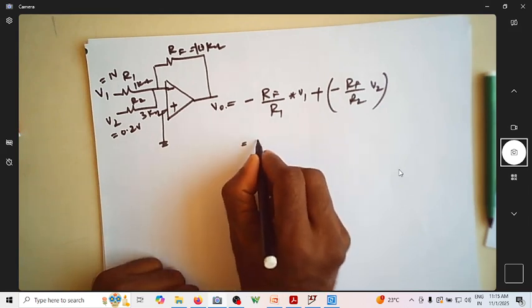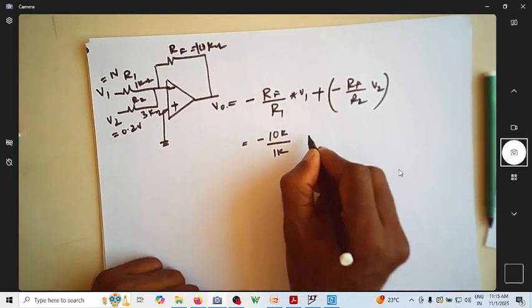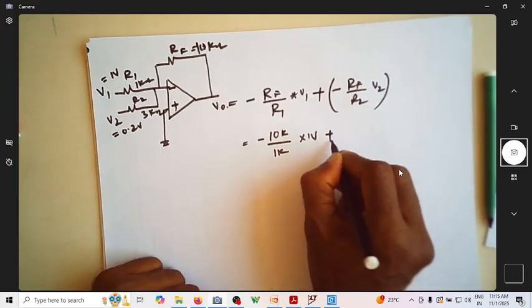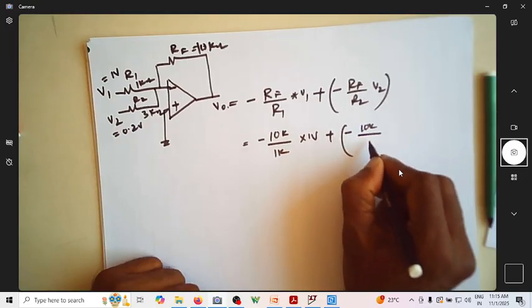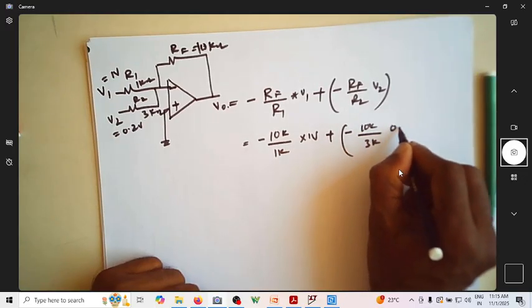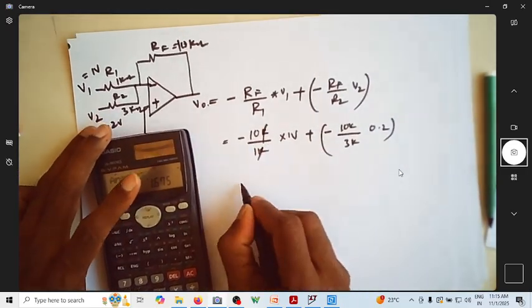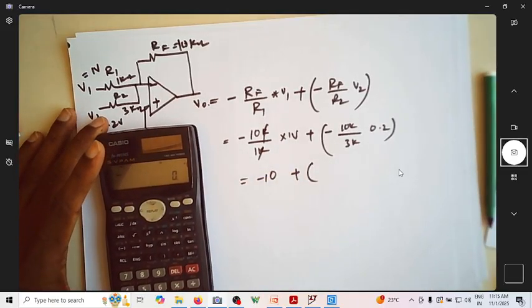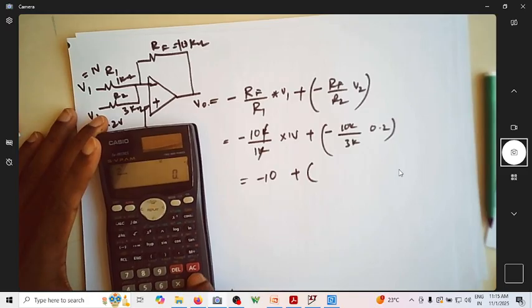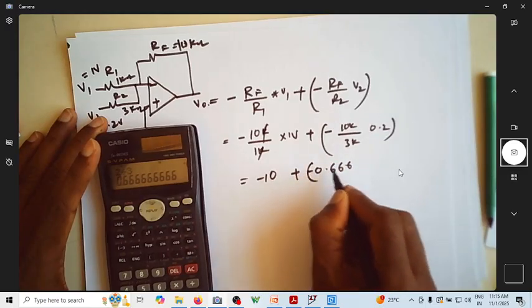So what is this now? It is minus 10k by 1k into 1 volt plus of minus of 10k by 3k into 0.2 volt. So how much is this now? Anyhow this will become minus 10 plus of, it is now 2 by 3. So is it not 0.666? This again minus.